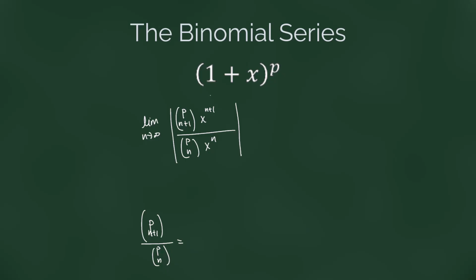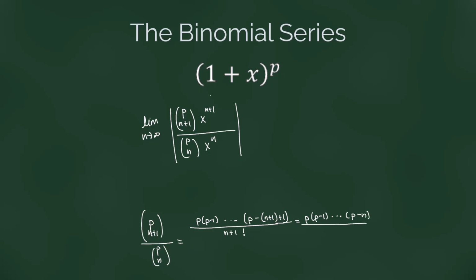P choose n plus 1 is going to be, we'll have an n plus 1 factorial in the denominator. And then our numerator looks like p times p minus 1 all the way down to p minus n plus 1 plus 1, which becomes p times p minus 1 all the way down to p minus n.